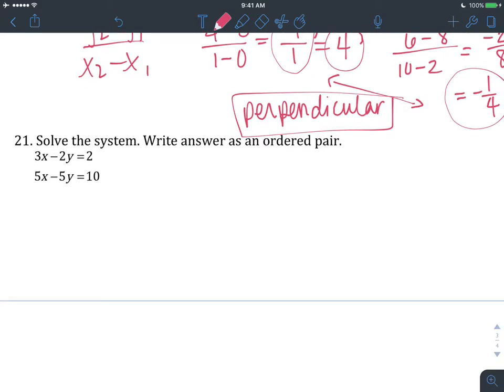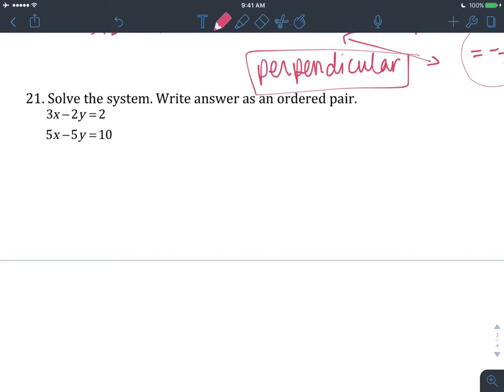All right, last one. So we have solved the system. So what I'm going to do is I'm going to multiply this bottom one through by 2 and this top one by -5. Remember, we need one to be positive and one to be negative. So I'm going to make that y negative.